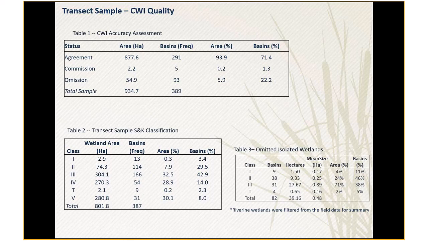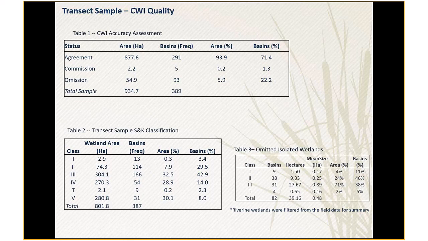Class 2s approximately 30%. But then you can see, as expected, a really high proportion of class 3 wetlands along our sample. And I think this is pretty much representative. There's really no surprises here.